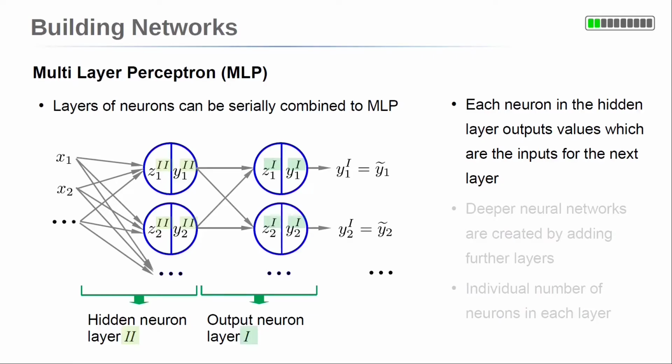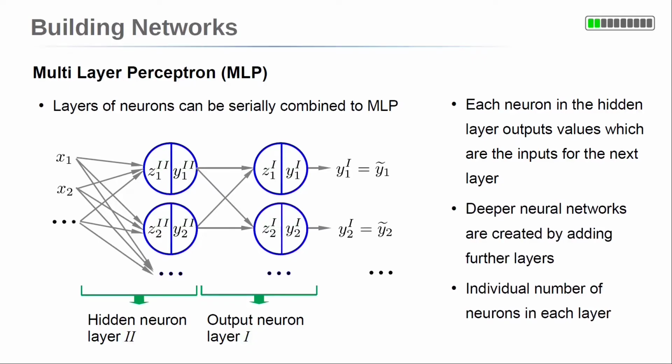The output layer is layer number 1. Of course, we are not limited to 2 layers. We can add further layers to construct deeper neural networks. We will come back to very deep neural networks later in this lecture. Note that the number of neurons is individual for each layer.